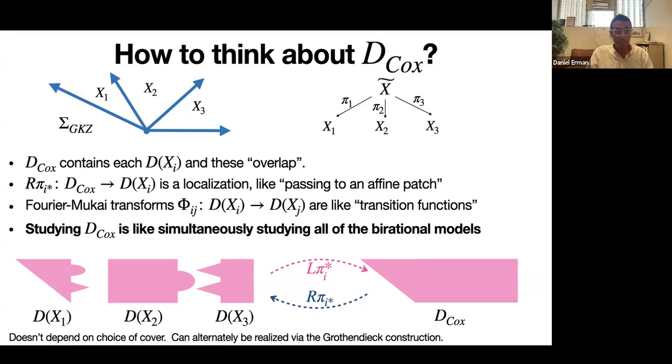So the big idea is that an object in D-Cox is like a consistent choice of a sheaf on each of the Xi's. So it's akin to studying all of the Xi's, X1 through XR, simultaneously. Or said another way, it's a way to synthesize sheaves from all of the Xi's.